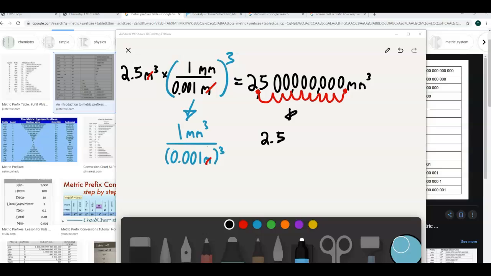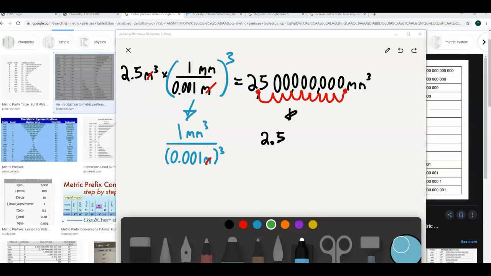And ask yourself, is 2.5 a number between 1 and 10? It is, right? Nothing else would work. If I brought that decimal one over, that'd be 0.25. That wouldn't work. If I stopped it here, that would have been 25, and that's not between 1 and 10. Here, this would have been 250. That's not between 1 and 10. So by moving this decimal point to the left 9 spaces, I've created a number between 1 and 10, which is 2.5.